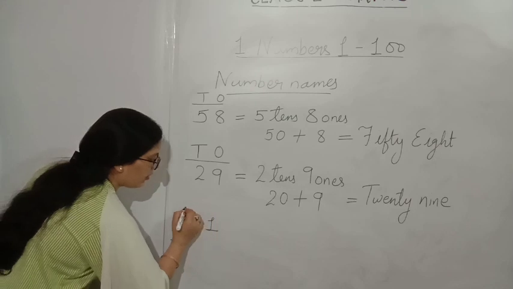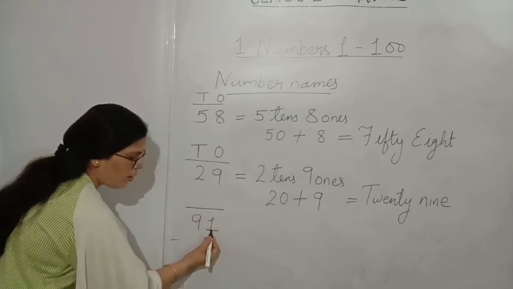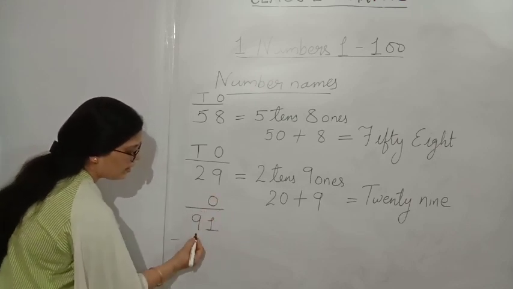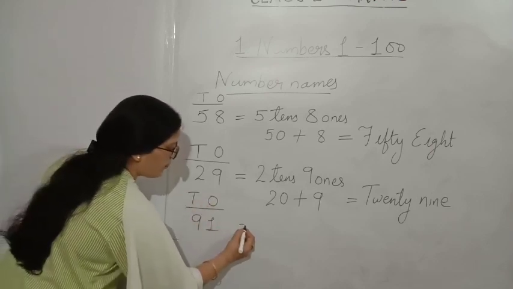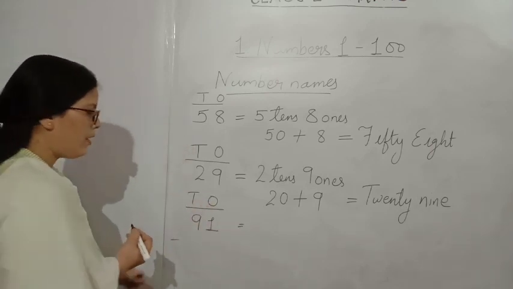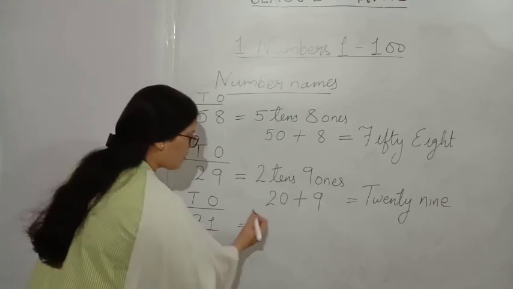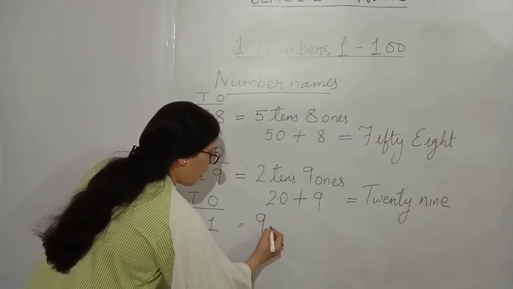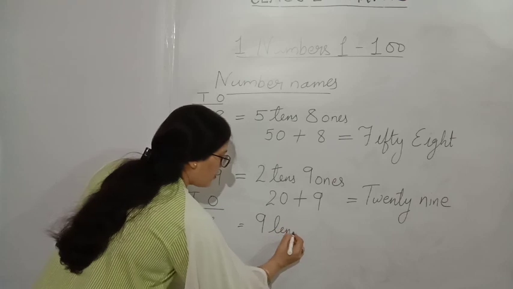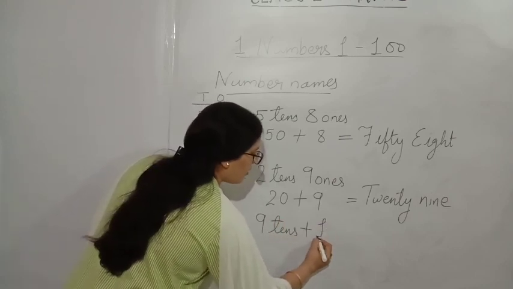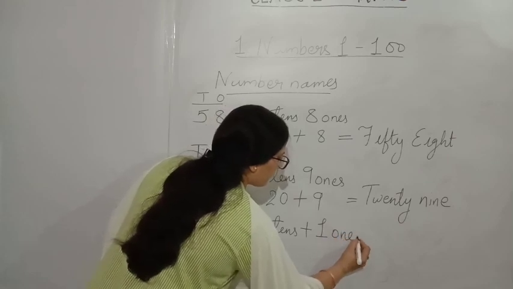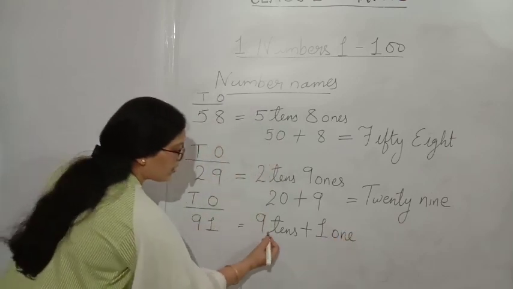91. Okay, here again 1 is at ones place, 9 is at tens place. So first of all we are writing tens and ones. So 9 tens and 1 one. Okay, so what is 9 tens?